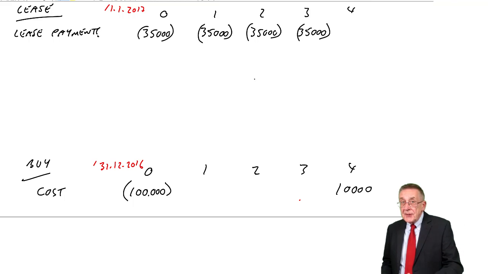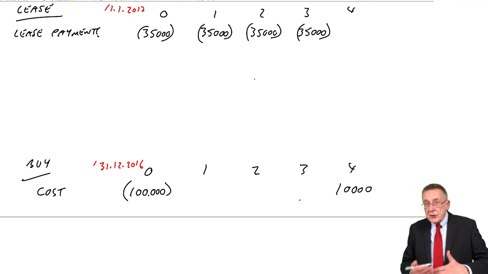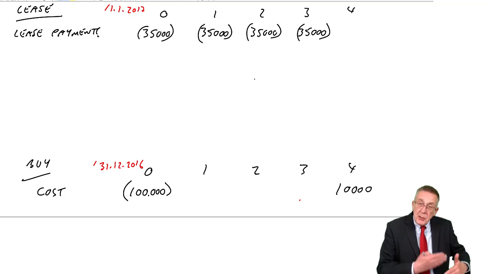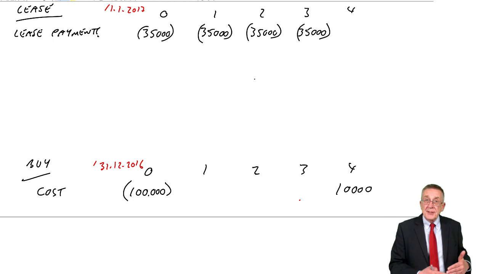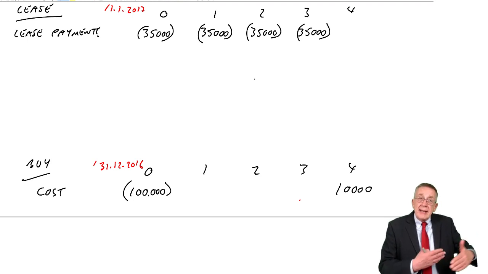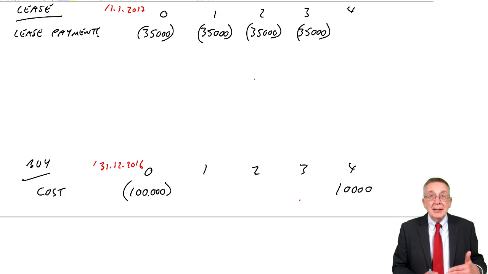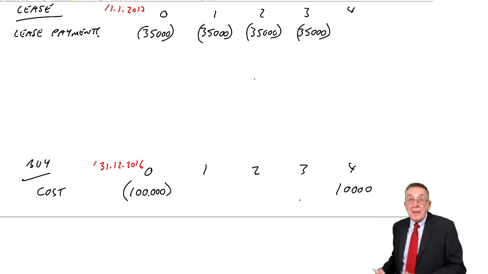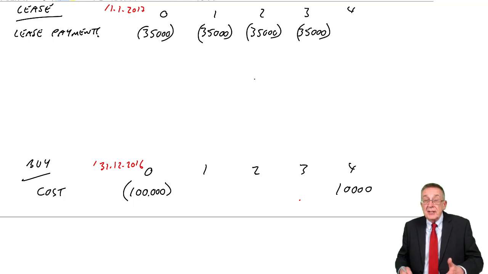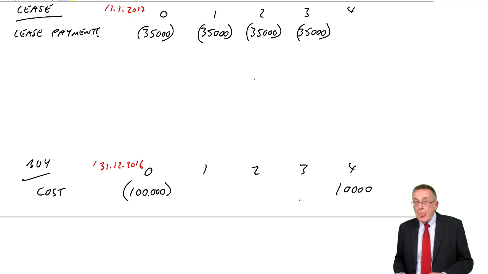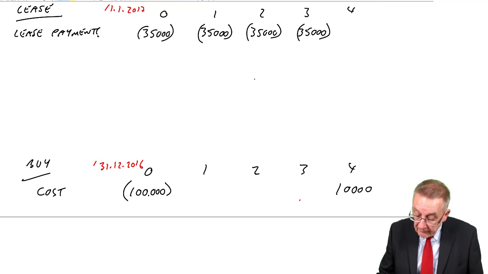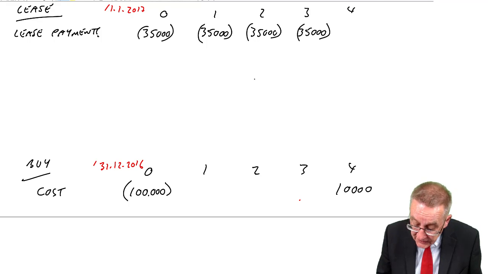If we lease, we've got this extra expense which will reduce our existing profits. And if our existing profits go down, we'll be paying less tax. We'll save tax. And so, there'll be a tax saving on those payments.